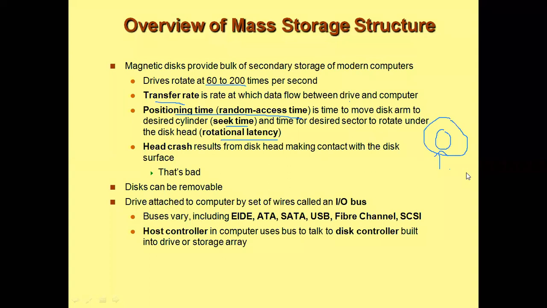What is the time required for the read write head to come exactly to a particular track is seek time. And regarding rotational latency, you know that the platters will be rotating, right? So how much time it requires for a particular sector to come under the read write head is the rotational latency. Together they add up to positioning time, that is, random access time.